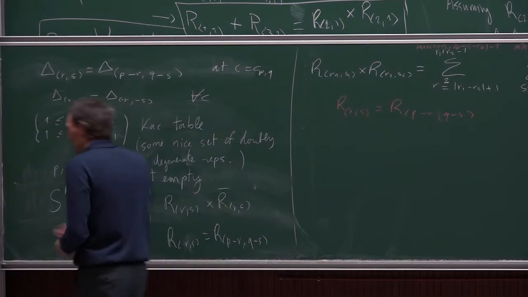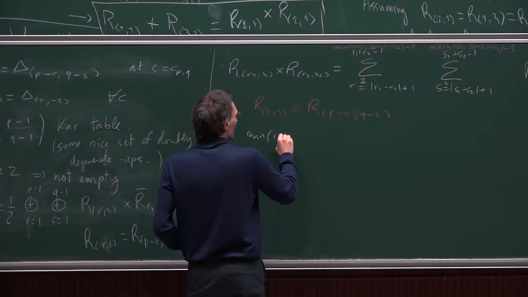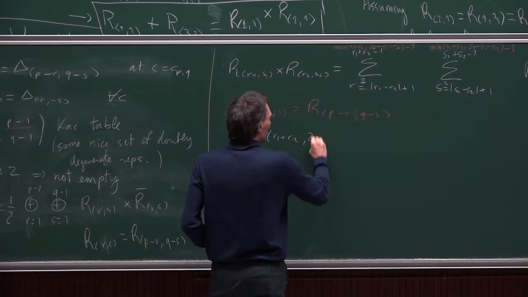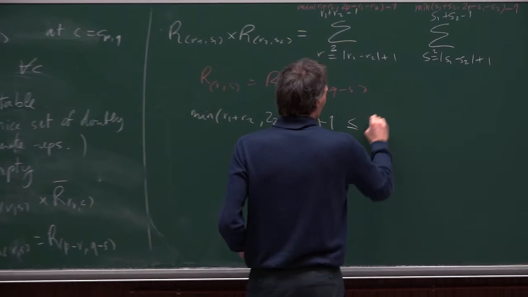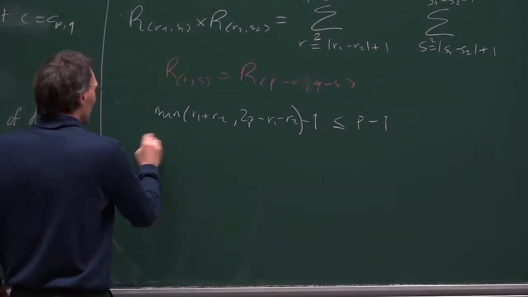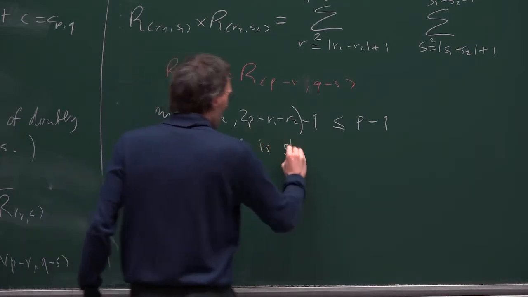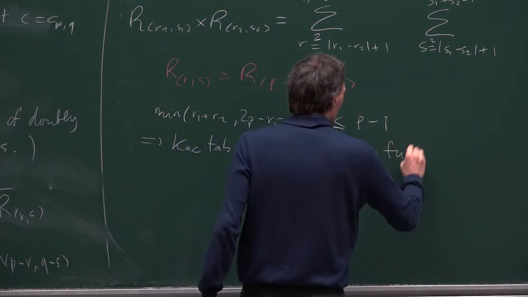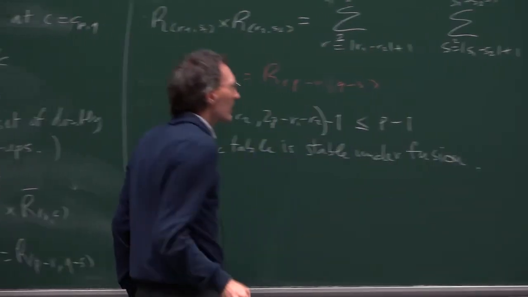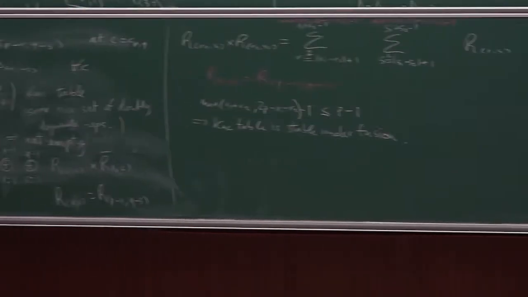So this upper bound, the min of R1 plus R2 minus 1 and 2p minus R1 minus R2 minus 1, is always less or equal than p minus 1. So the Kac table is stable. So this spectrum is a good candidate for the spectrum of a minimal model.